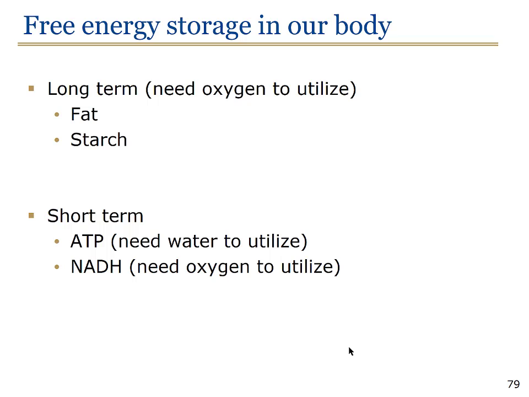The other one is called NADH, nicotinamide, and that is a redox molecule, and you need oxygen to utilize that. So we'll see those two molecules for short-term energy storage and for releasing the energy.